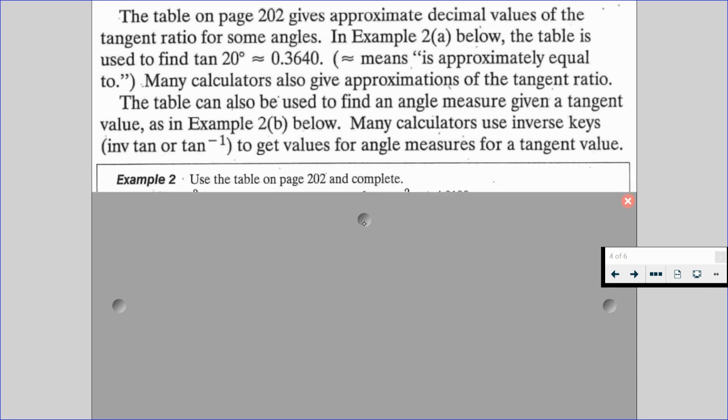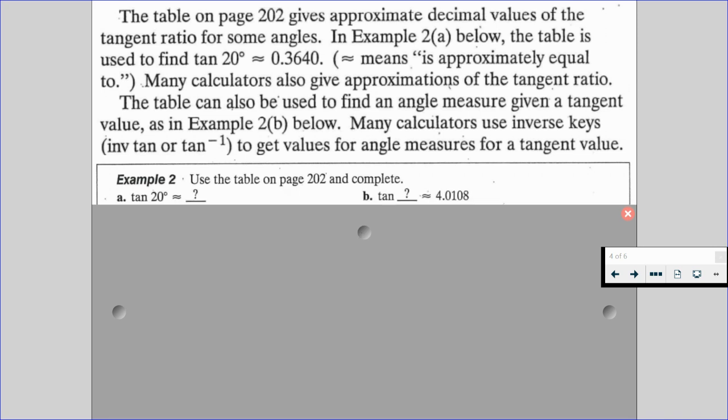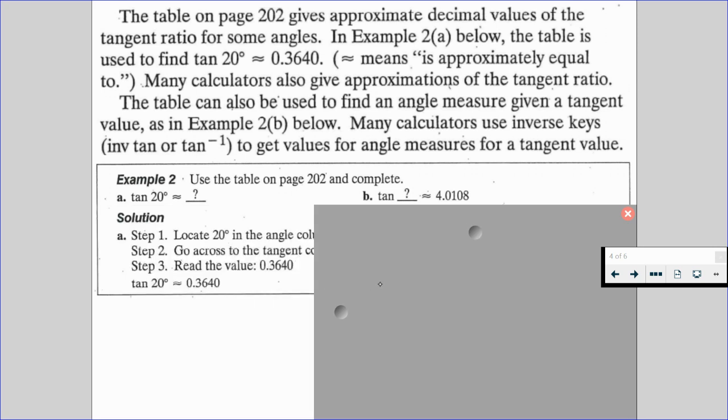In example number 2, we are asked to use the table on page 202 to complete. So we're asked to find tangent of 20 degrees is approximately what decimal, and tangent of what angle is approximately 4.0108. So for the solution for number A, for step 1, we're going to locate the 20 degrees in the angle column.